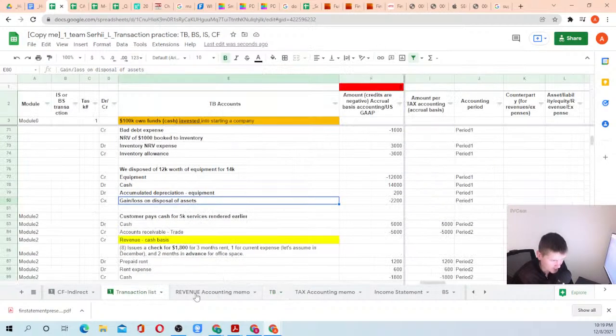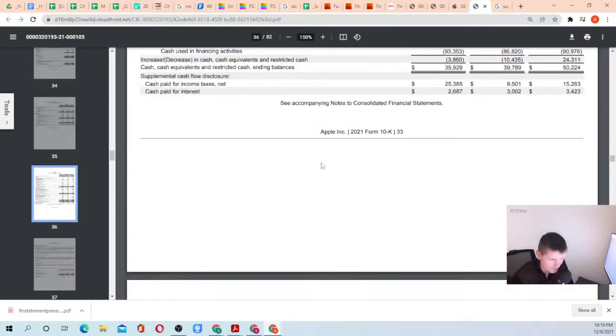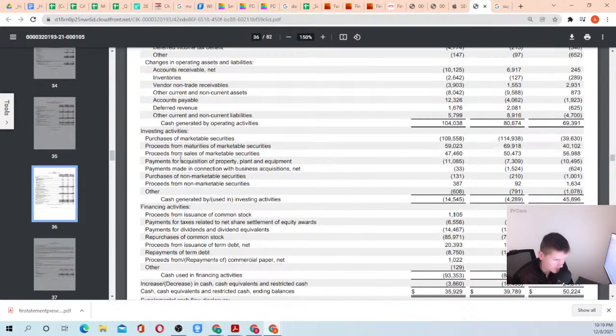The transaction clearly has a cash impact, and that cash impact is actually a disposition of property, plant, and equipment. Let's see. Does Apple report it on a gross or net basis? Payments for acquisitions, purchases, proceeds.